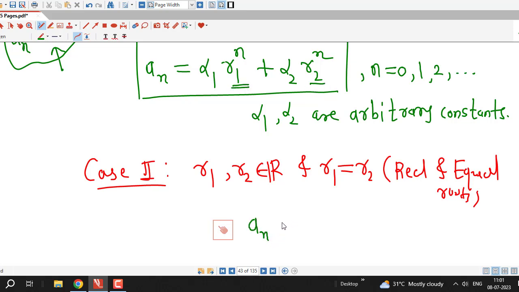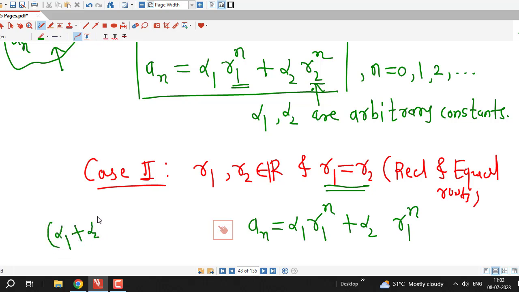So if I am writing r2 equal to r1, then according to this formula I have alpha 1 into r1 raised to n plus alpha 2 into r1 raised to n. But if I take r1 raised to n common, then I will have alpha 1 plus alpha 2 times r1 raised to n, and this is only one essential constant.